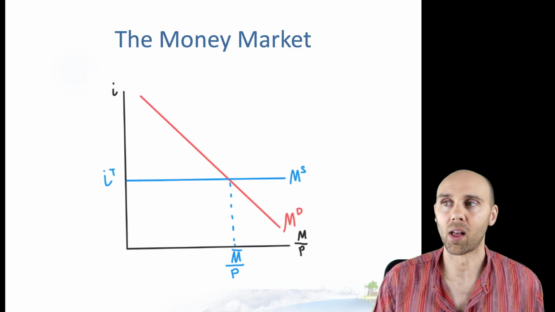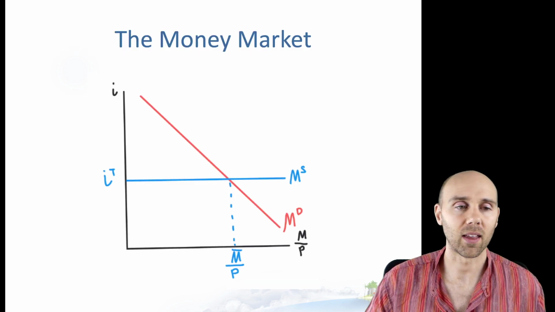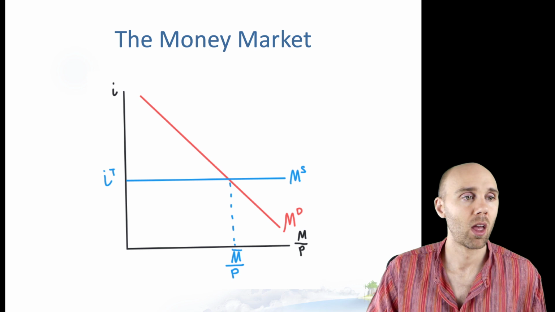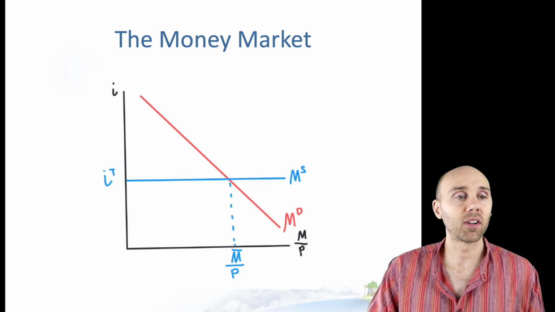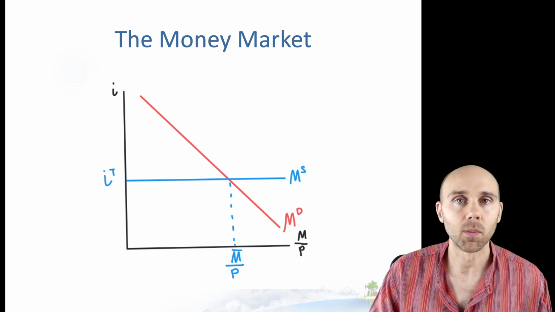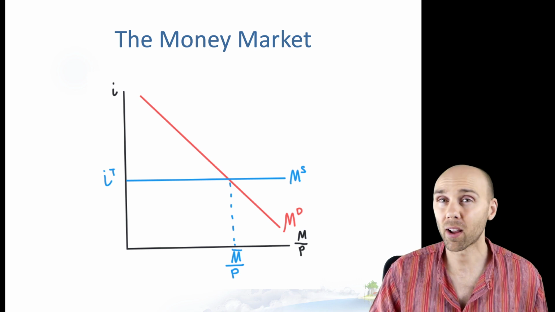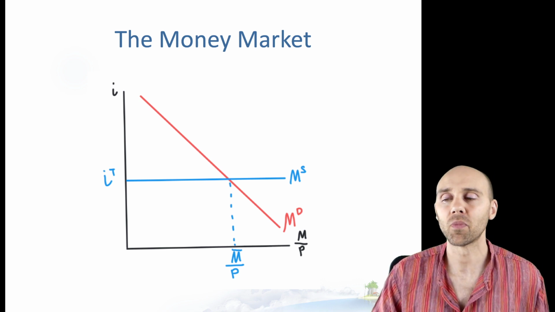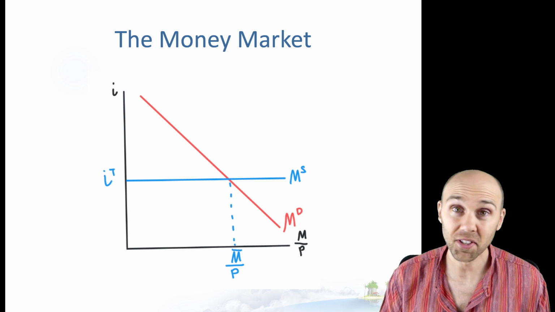Now that we're used to supply and demand graphs, let's take a look at the money market. And it sure does look similar to different supply and demand graphs that we've seen before, but there are a couple of differences. First of all, note that we don't have our quantity on the x-axis.